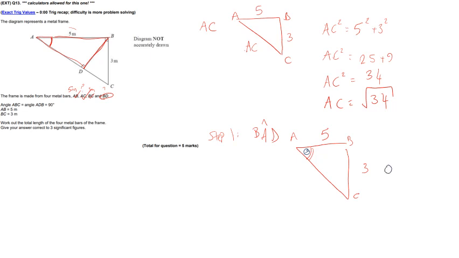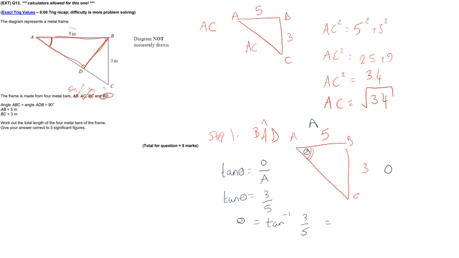3 is opposite it, 5 is adjacent to it, so we're going to use tan, TOA. Tan of theta equals the opposite over the adjacent. Tan of theta equals 3 over 5, so theta is going to be inverse tan of 3 over 5.